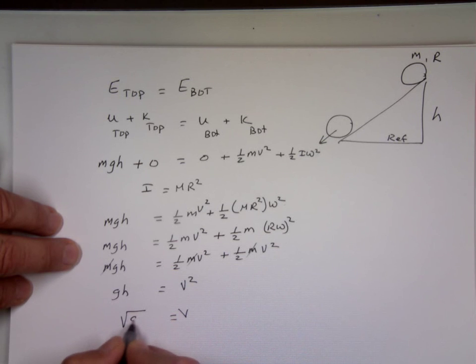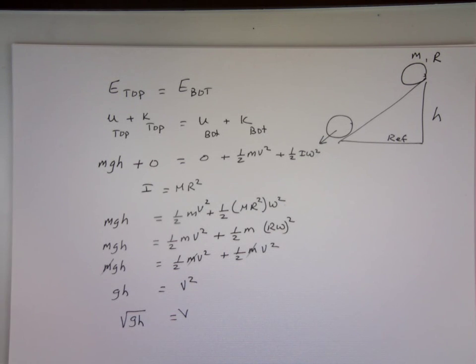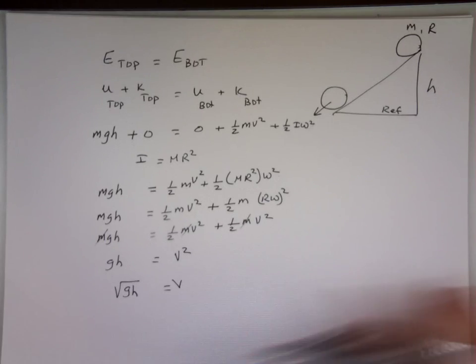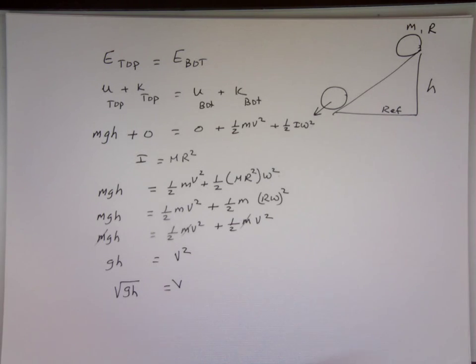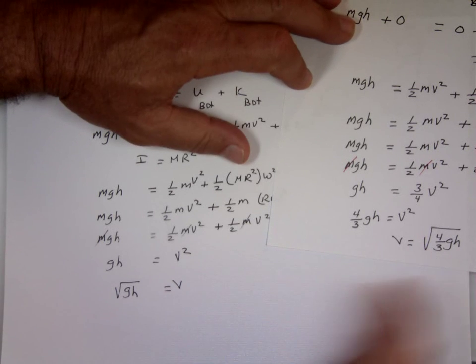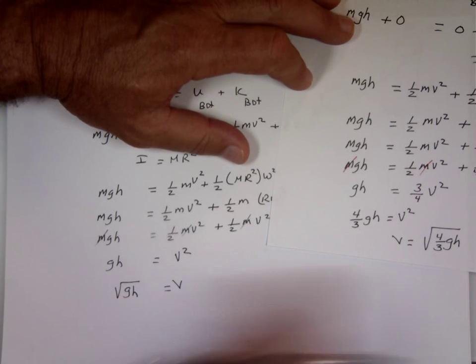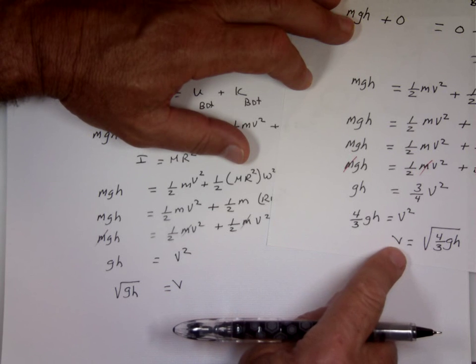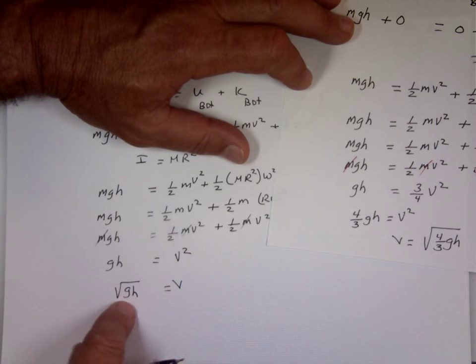Which one has a larger velocity? This one or the other one? Notice the other one has a velocity with 4/3 gh, not 1. This is 1. This is more than 1. So the velocity of the disk is higher than the velocity of the hoop.